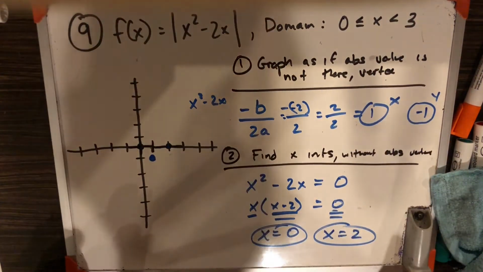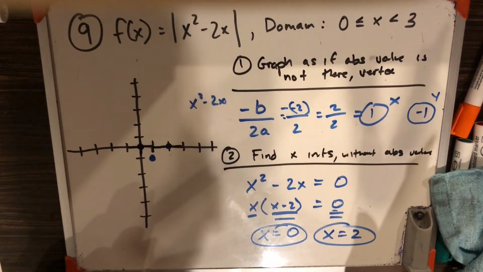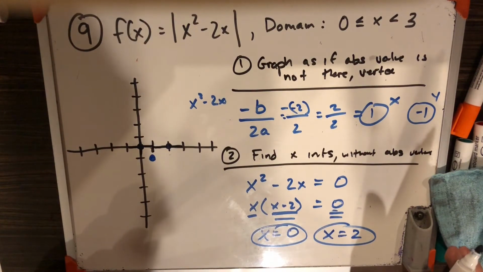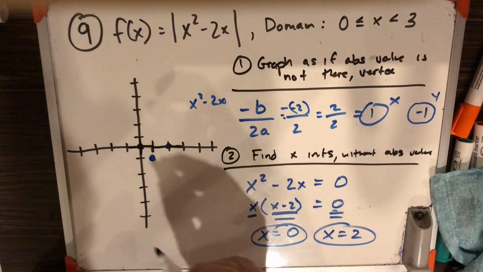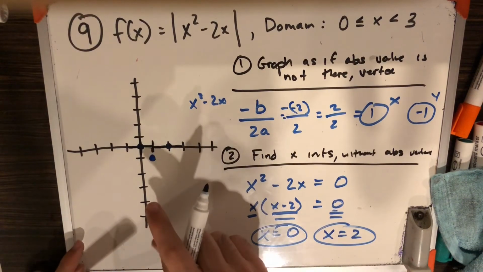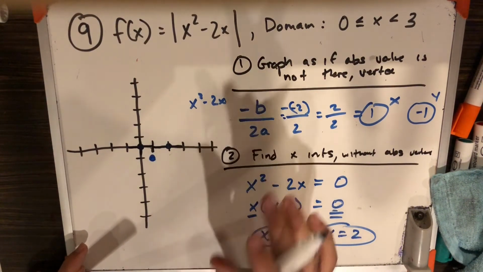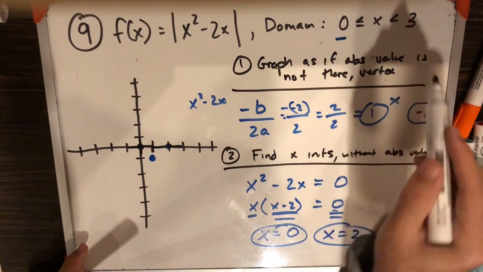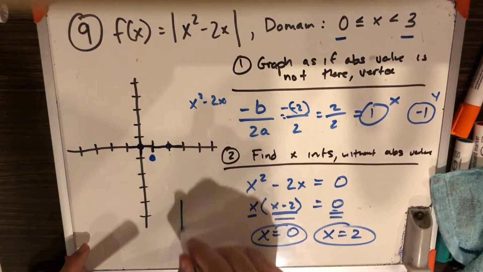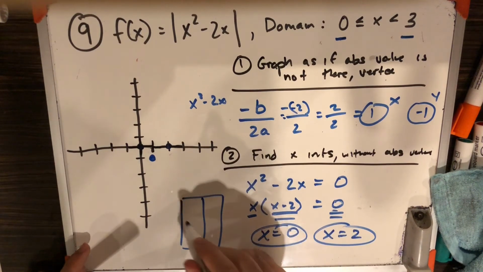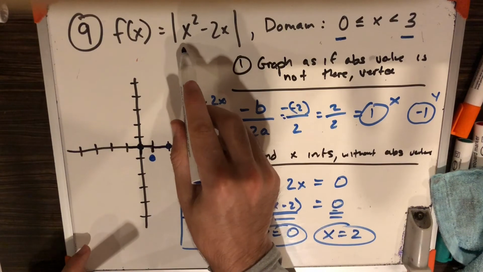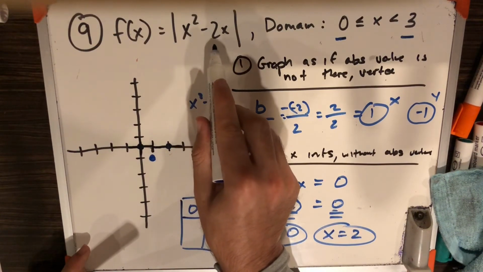All right, now and only now can we start applying our absolute value, right? So let's go ahead and apply our absolute value. Well, actually, before I do that, let's go ahead, again, make sure we have our endpoints. We still don't have the full picture yet. Now and only now can we start using a table, okay? When we plug in 0, again, now we can use your absolute value. 0 squared is 0, minus 2 times 0 is 0.